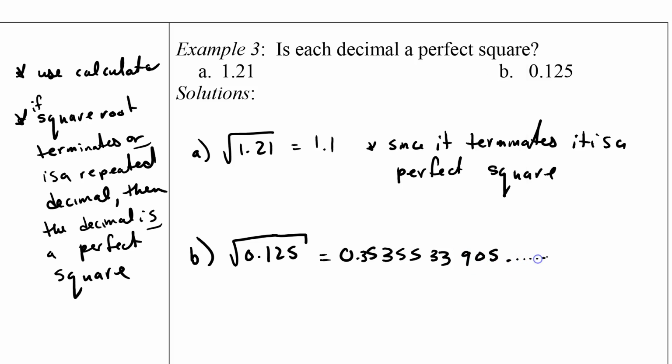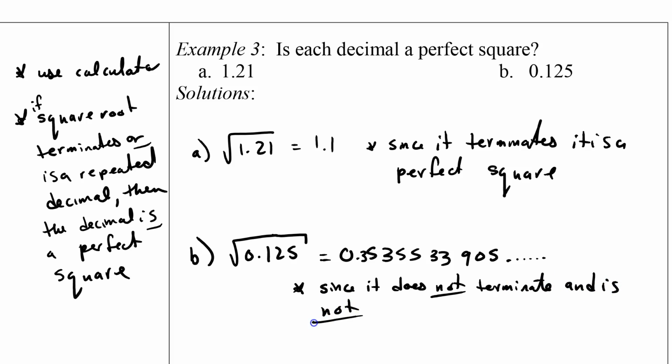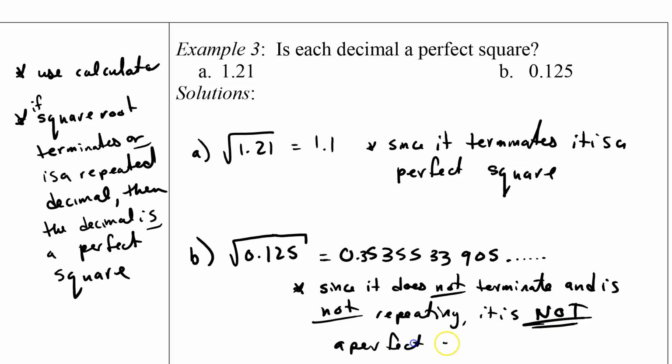So, since it does not terminate and is not repeating, it is not a perfect square.